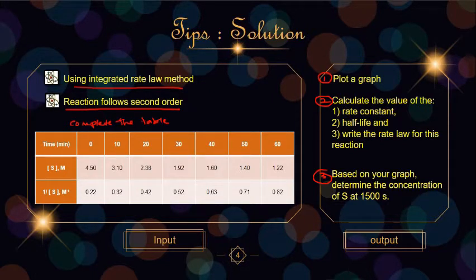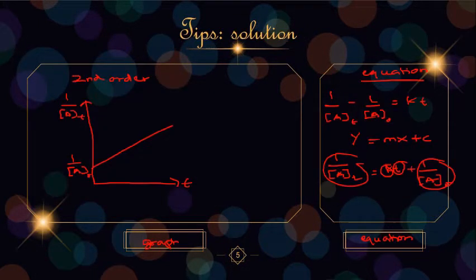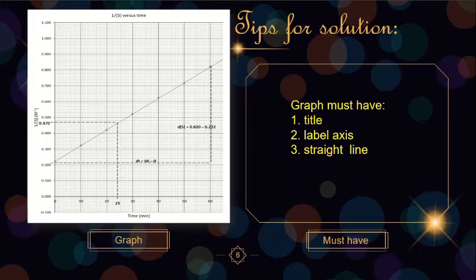Okay, from here, you already complete the table, so you need to plot the graph. So the graph is as you sketch here. So this is supposed to be to get the linear graph, right? So you do that, you plot the graph. So the graph must have a title, label axis, 1 over concentration S versus time. Then describe that linear graphs are supposed to be a straight line.